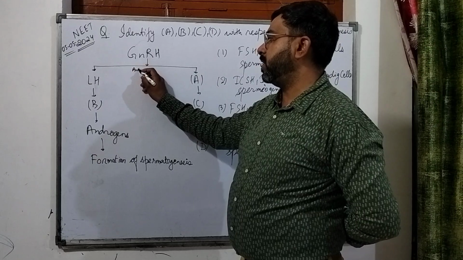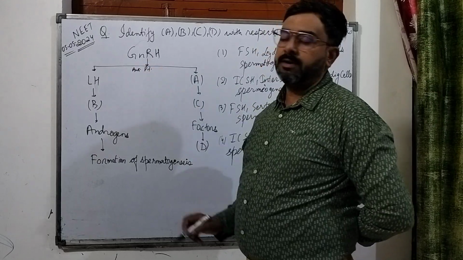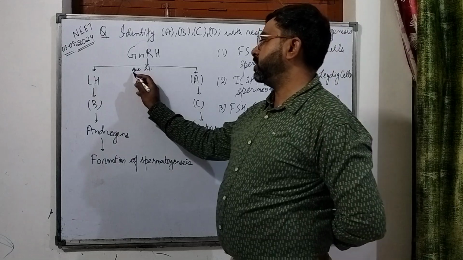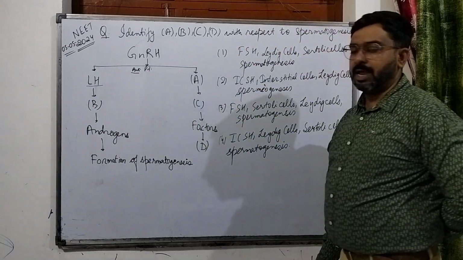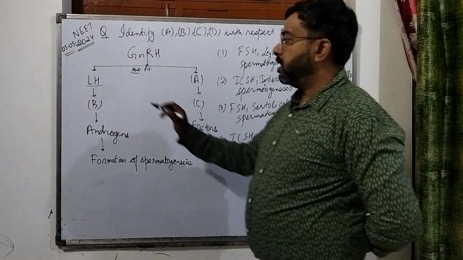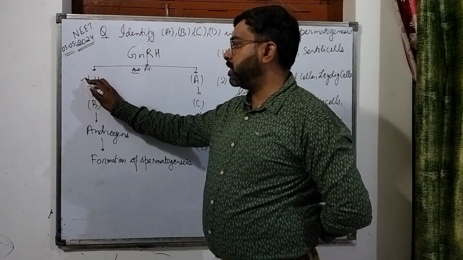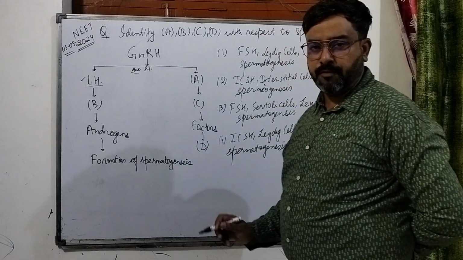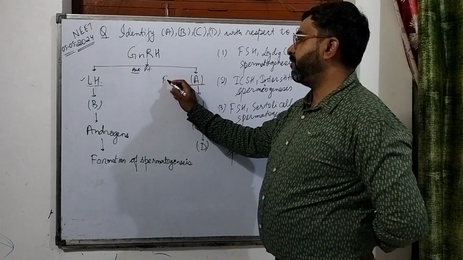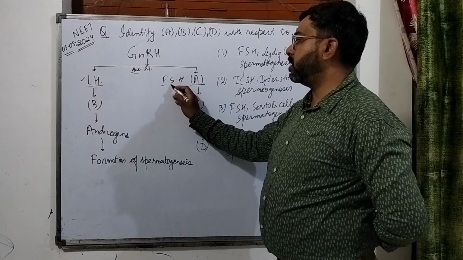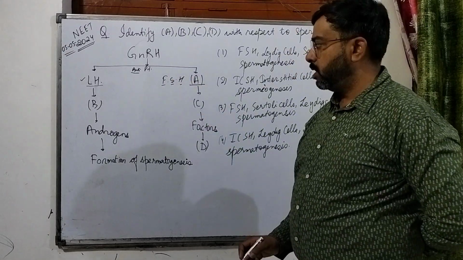The pituitary gland, from its anterior lobe, will release two hormones: LH, luteinizing hormone, and second, FSH, follicle stimulating hormone.